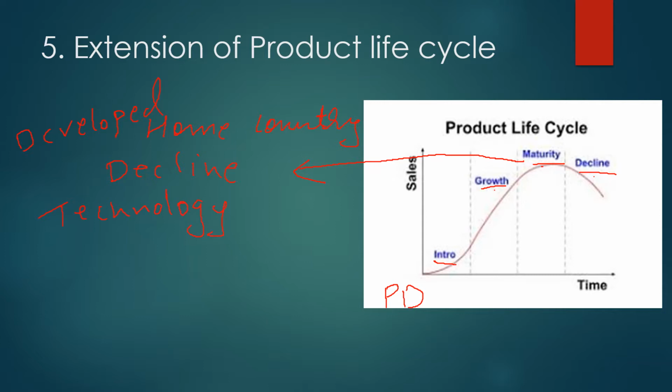So if a developed country is selling any technology-related goods in its home country and it has reached its decline stage, now if such firms enter into the overseas market and they export such goods to less developed countries, then there will be an extension of the product life cycle, because even though it had reached its decline stage in the home market, it will be at a growth stage in some other less developed country where that technology was not even introduced.